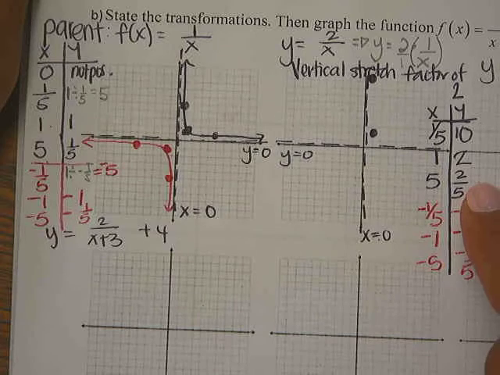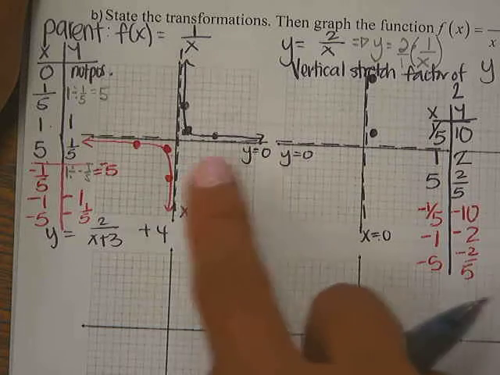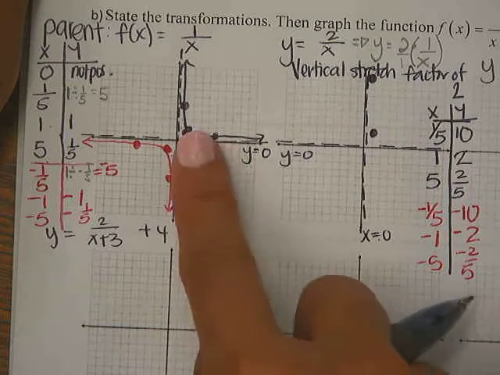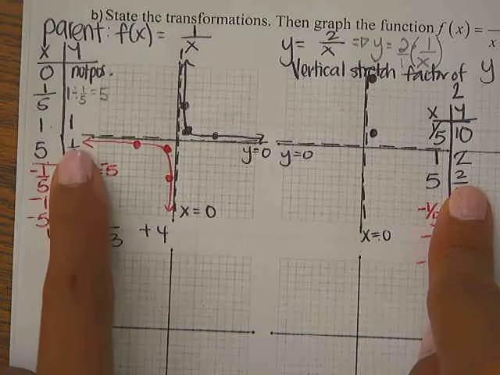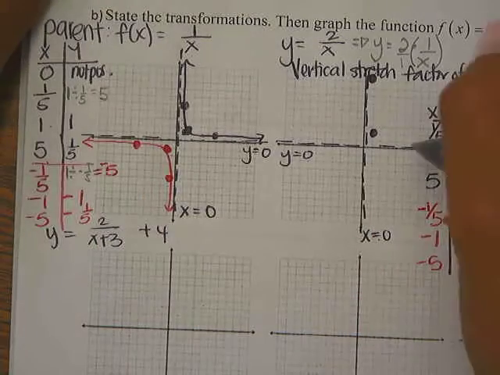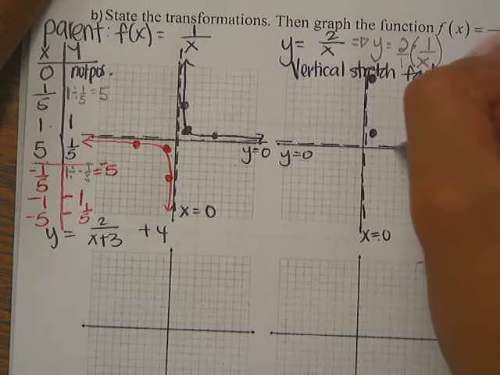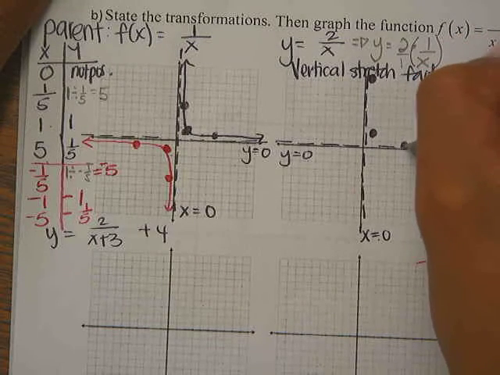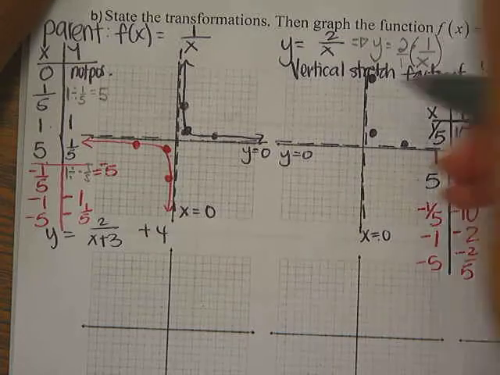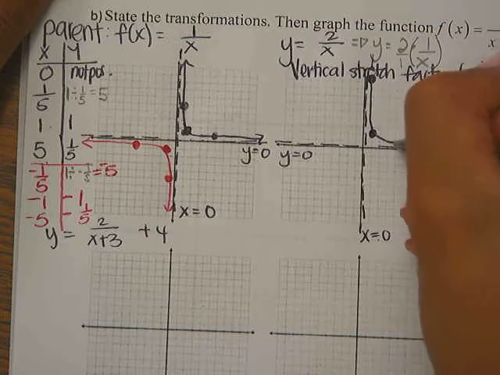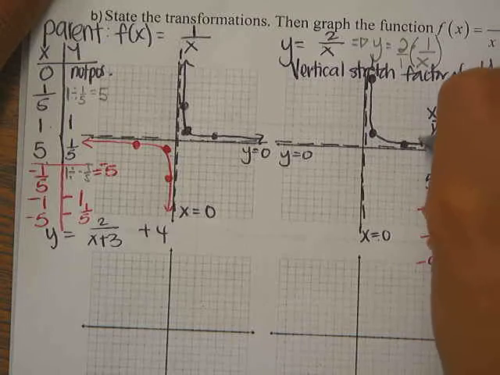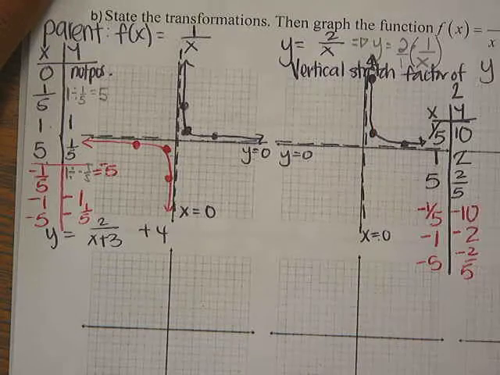Even though you're not going to see much of a difference on your graph here, if you look at the value, 2/5 is twice as much as 1/5. So when we go to 5, 1, 2, 3, 4, 5, it's still a dot in between 0 and 1. But because we are limited on paper, if you look at the value, it is twice as large in terms of the y values.